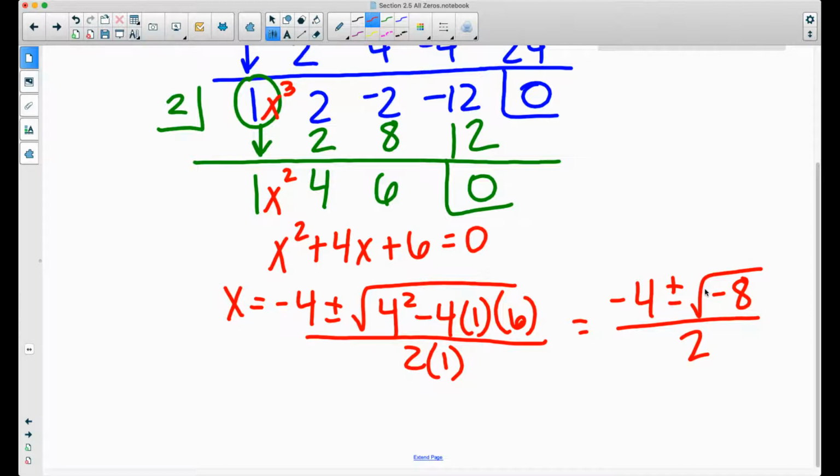We reduce our radical, so that ends up becoming 2.828. It's 2 items. 2 over 2. That's just over straight 2.